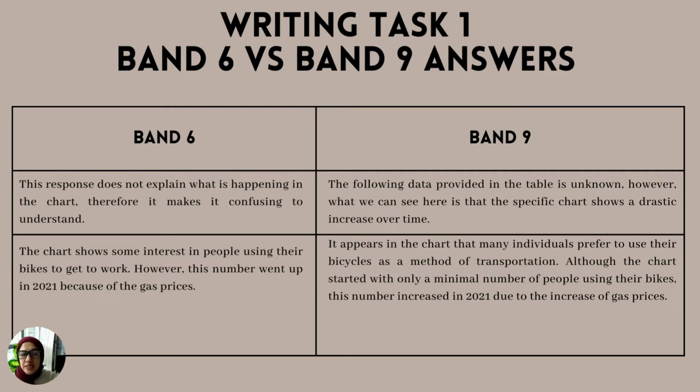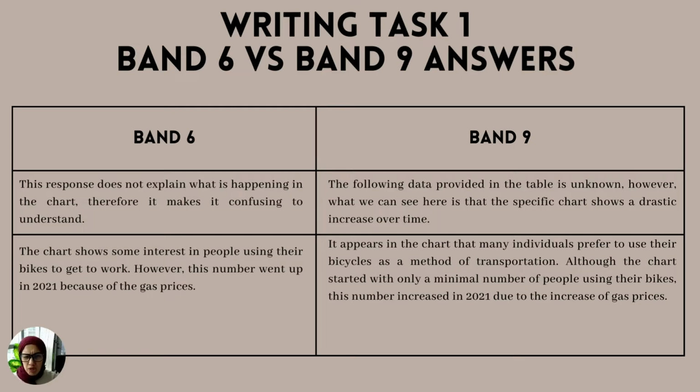So if you see here, I've written a band 9 answer with lots more detail that the examiner would be expecting from you. The next sentence we could see is, the chart shows some interest in people using their bikes to get to work. However, this number went up in 2021 because of the gas prices. Here's the band 9 answer for this exact sentence. It appears in the chart that many individuals prefer to use their bicycles as a method of transportation.